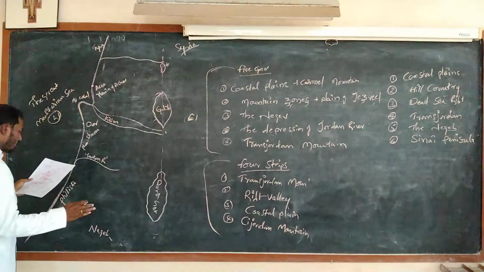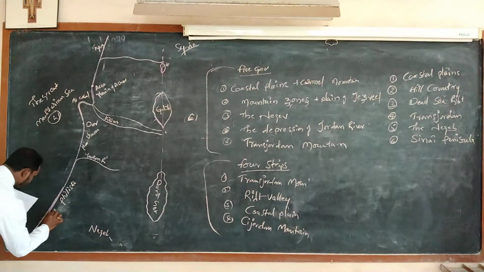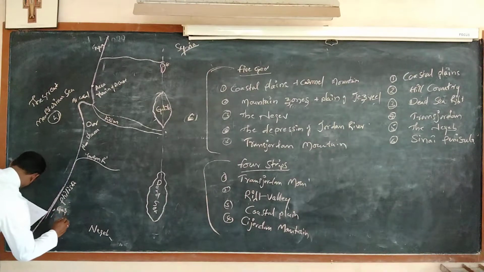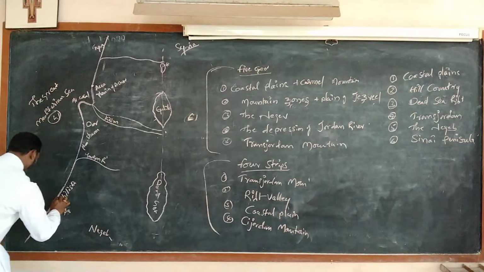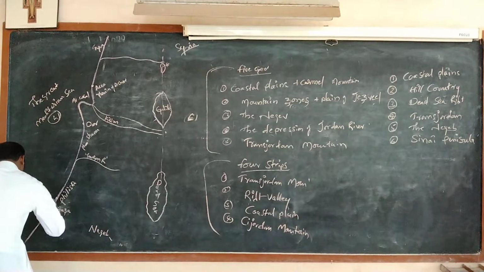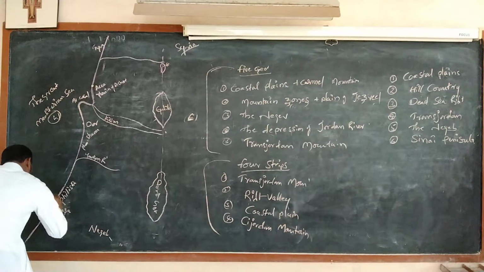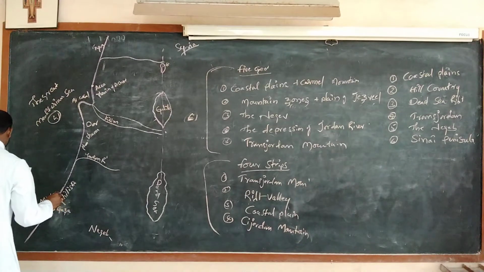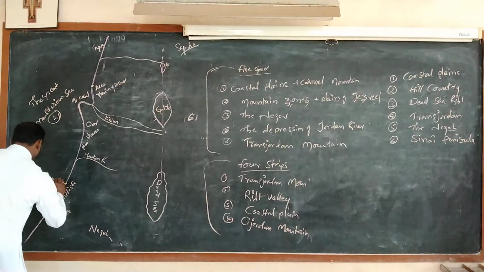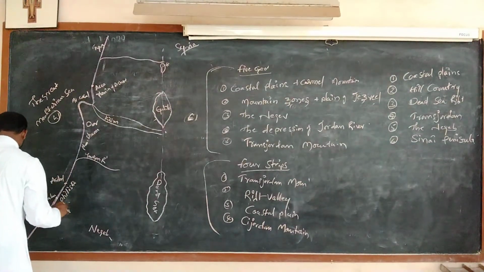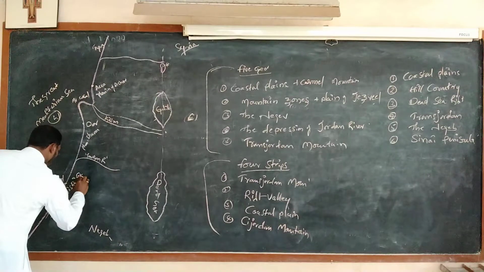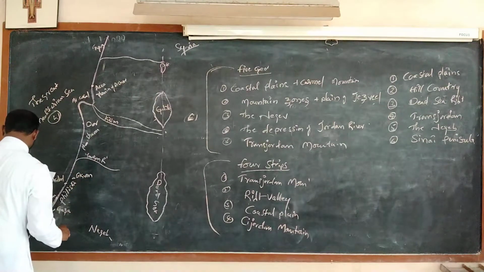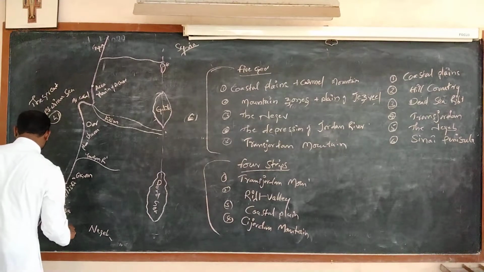So Philistia includes Pentapolis such as Gaza, Ashkelon, then we have Ashdod, then we have Ekron, then we have Gezer.